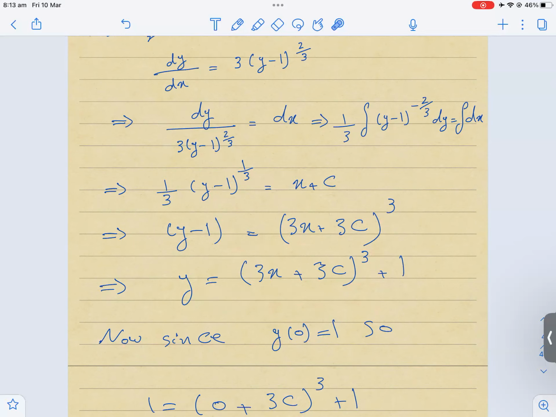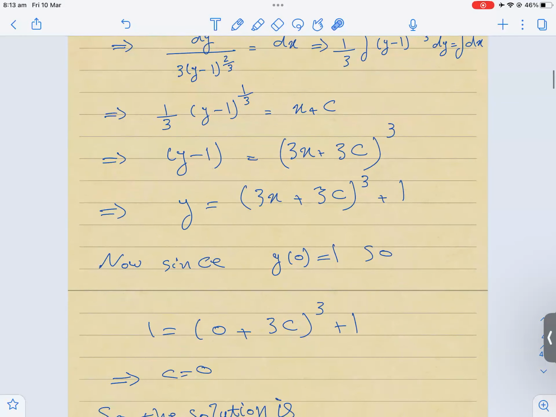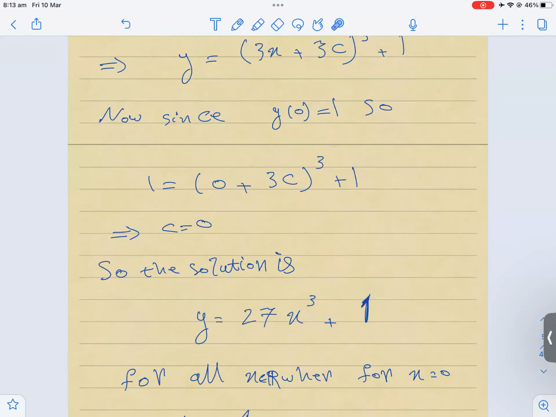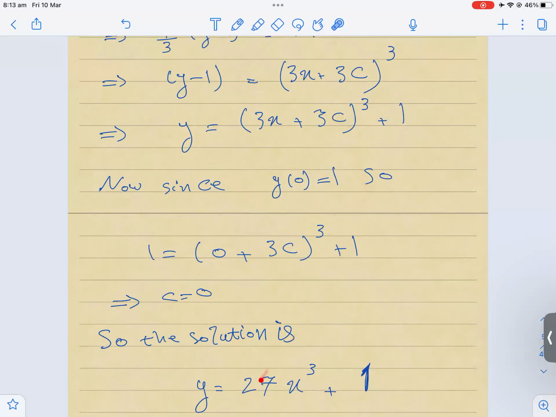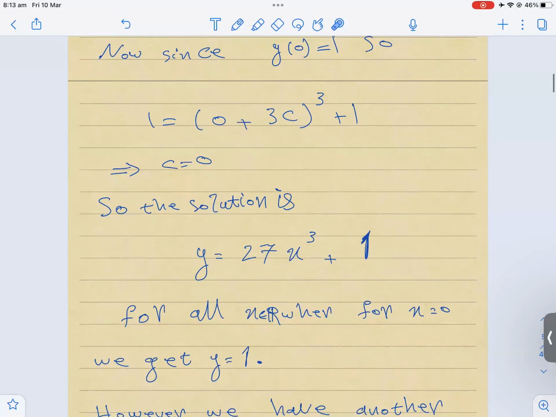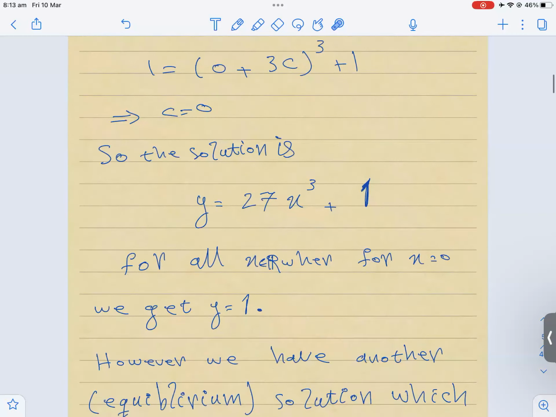Now, since y of 0 equals 1, we have the initial condition, so I'm able to obtain the value of c. So c is 0. So if I substitute here, the solution will be y equal 27x cubed plus 1. So x equals 0 gives y equal 1. Yes, that's right. It satisfies the initial condition.